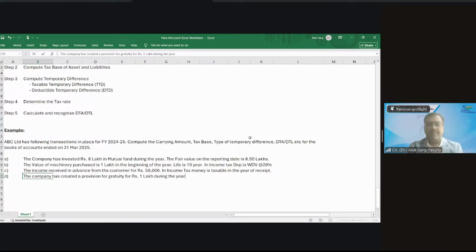In the Income Tax Act, this is allowed only on the payment basis. Only on the payment basis, right?